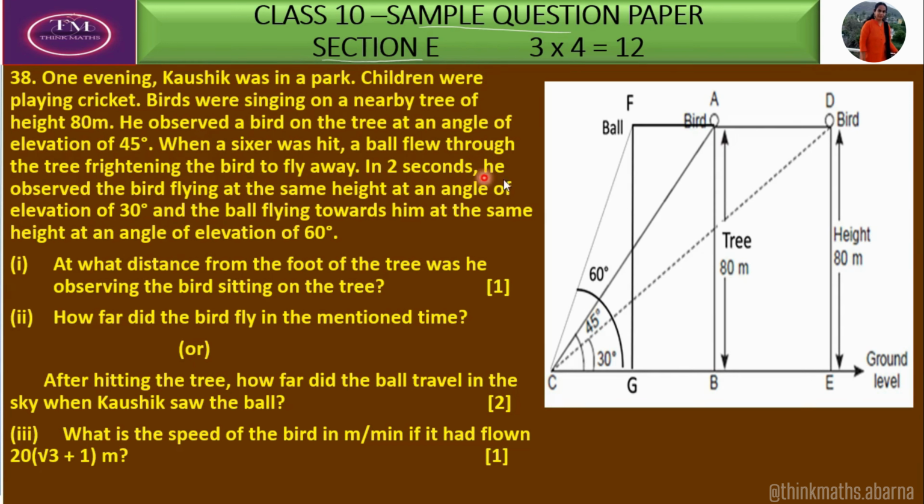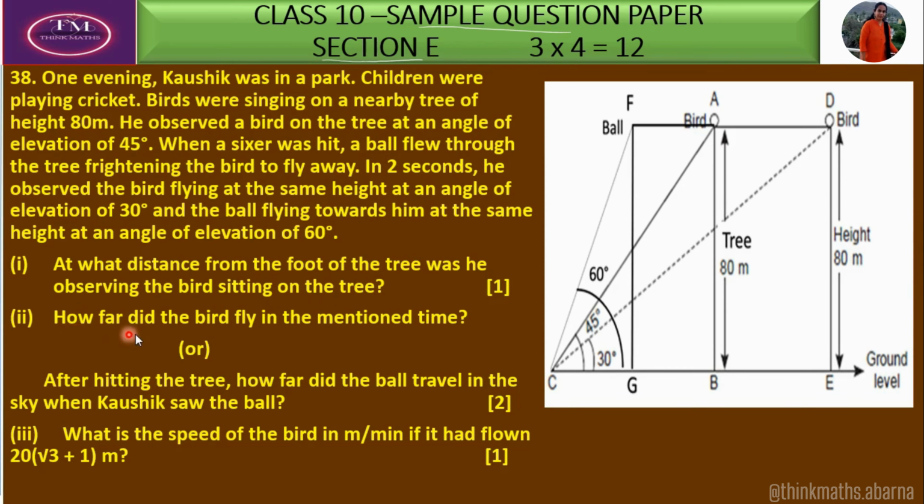In 2 seconds, he observed the bird flying at the same height at an angle of elevation of 30 degree and the ball flying towards him at the same height at an angle of elevation of 60 degree. So the first question, at what distance from the foot of the tree was he observing the bird sitting on the tree?